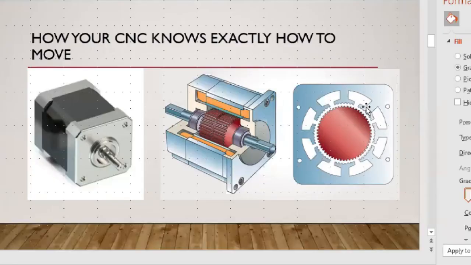When one magnet turns off and the other one turns on, the armature steps over to the next magnet. And so the controller itself sends pulses to these magnets in the order of the magnets.